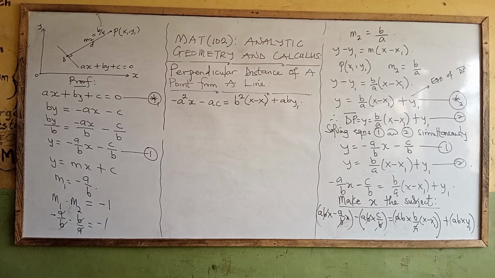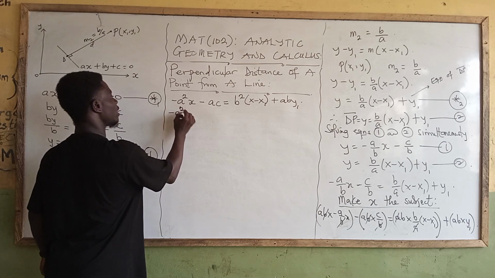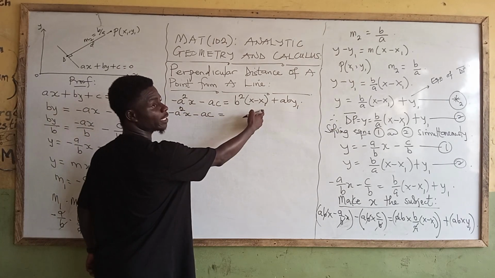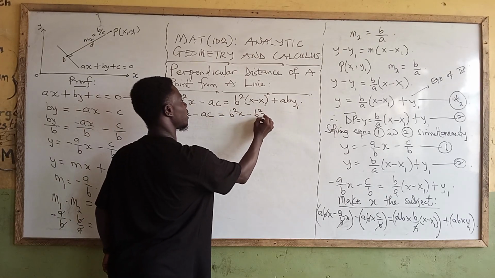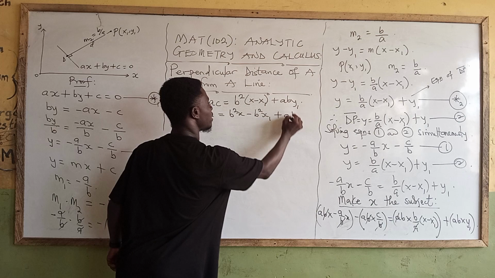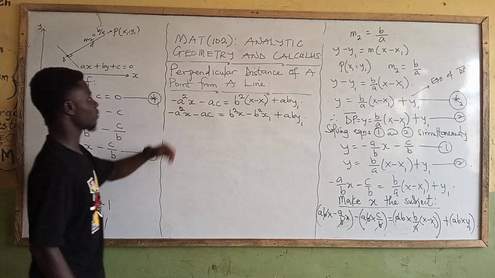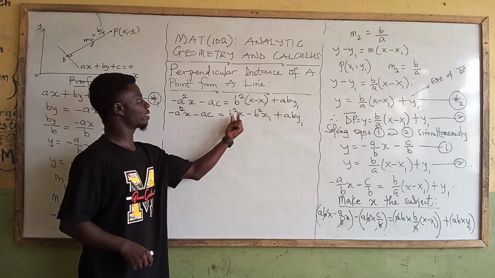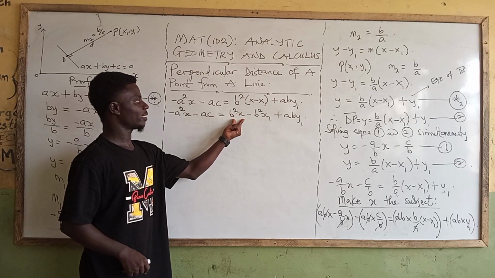All right, so we are making x the subject. I have negative a squared x minus ac equals, expanding the brackets, b squared x minus b squared x1 plus aby1. We are making x the subject, not x1.